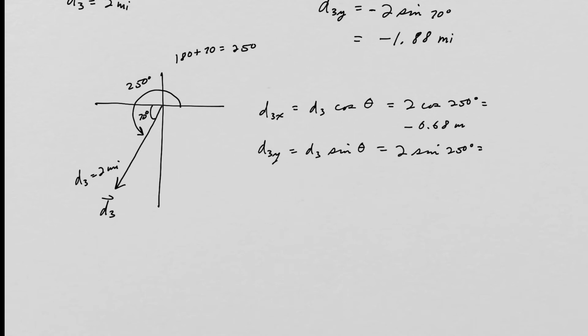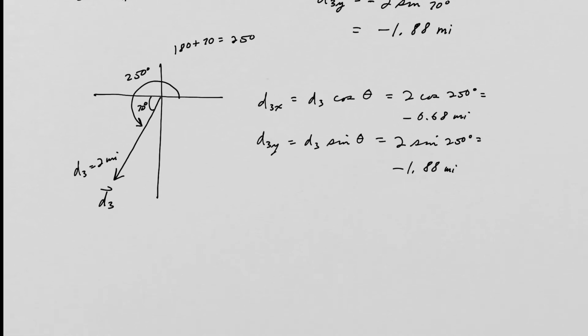And if I do 2 times sine of 250, I'm going to get negative 1.88 miles. So again, it's up to you guys. However you want to do it is fine. So ultimately, we know that D3 is going to be negative 0.68 i hat minus 1.88 j hat miles.